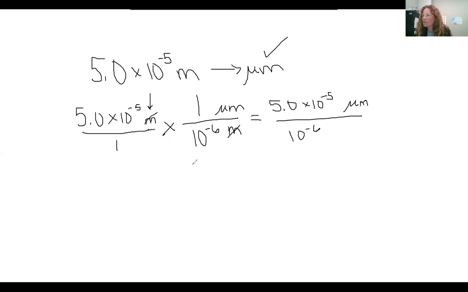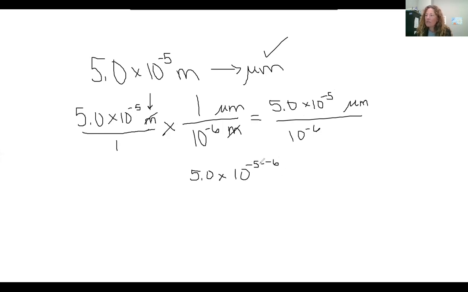Well, we just talked about how to do this. There's no other number out front, so my 5.0 is going to come along. 10 to the negative 5th divided by 10 to the negative 6th. Same base, we just subtract the exponents. 10 to the negative 5th minus negative 6, write out what I'm doing: negative 5 minus negative 6.